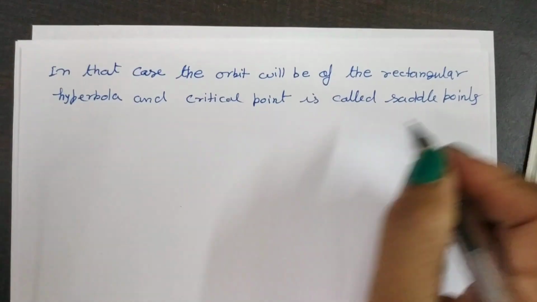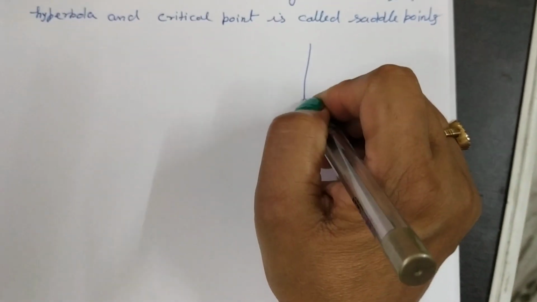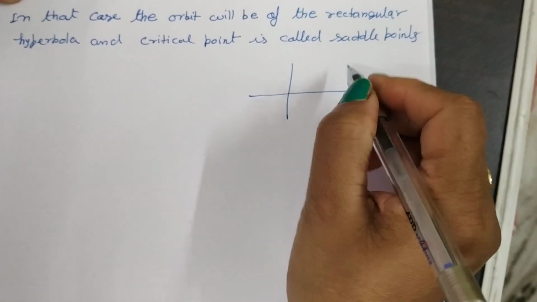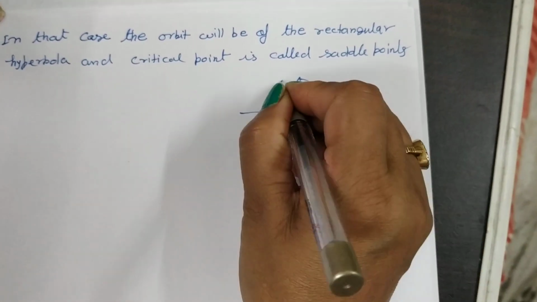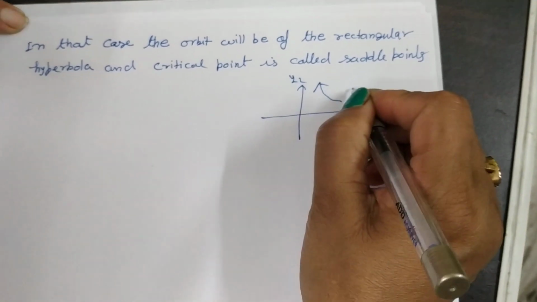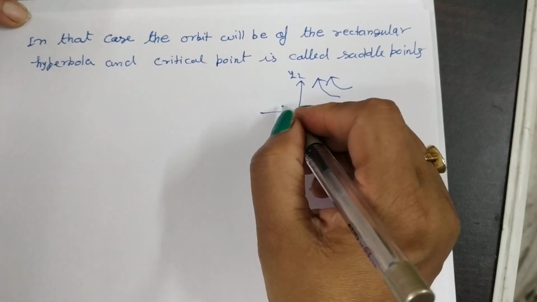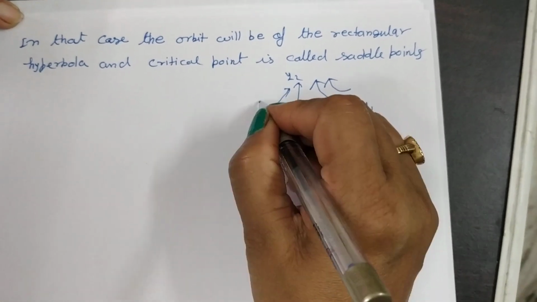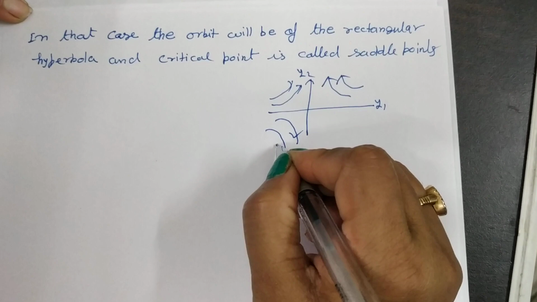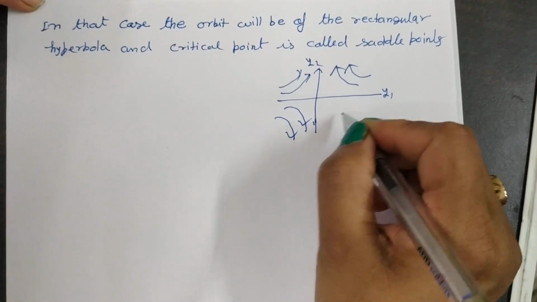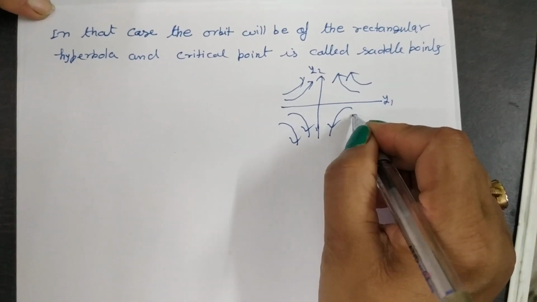Clear? And the phase portrait in that case is defined like that, here is y1 and y2, and the critical points are like that.